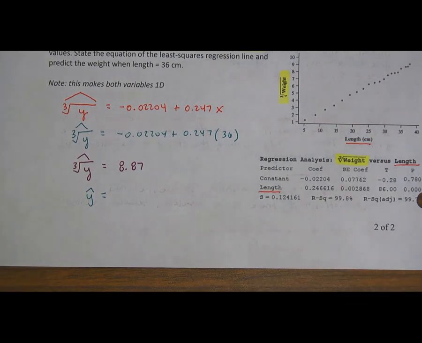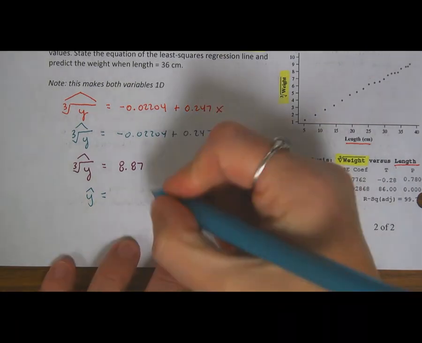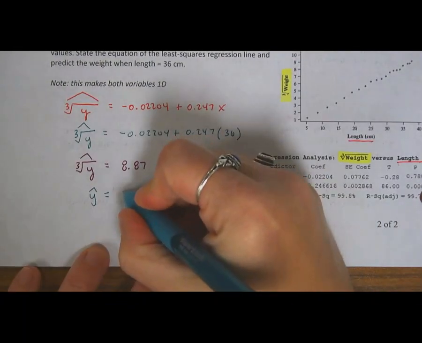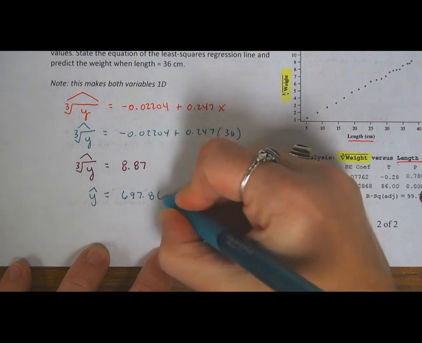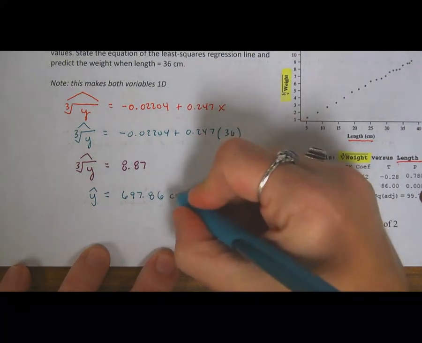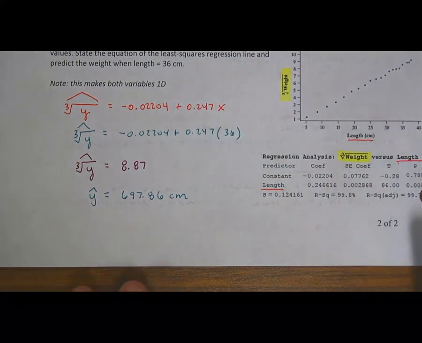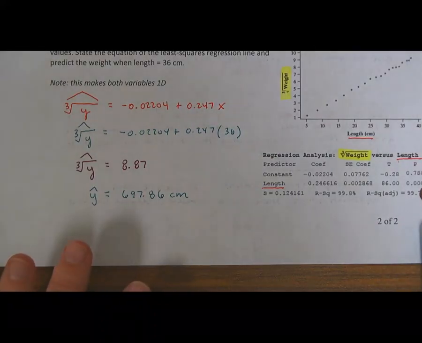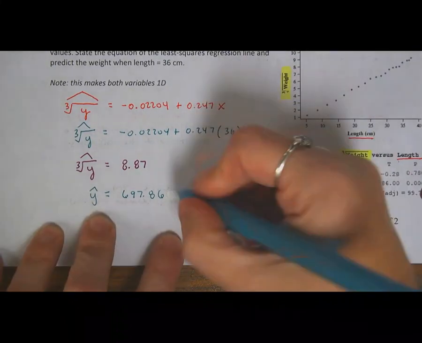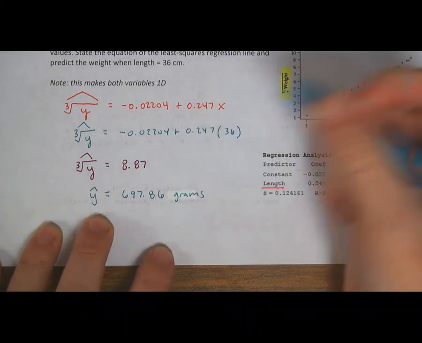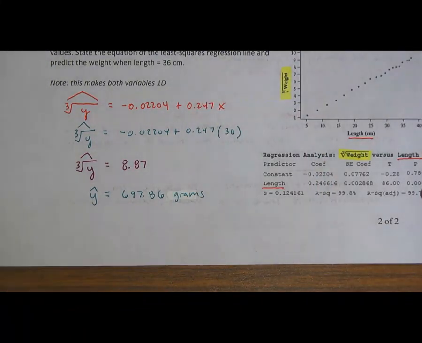Oh, rounding so much here. But we get 697.86. Oh, we're predicting the weight, excuse me. That's in grams. So that's the predicted weight.